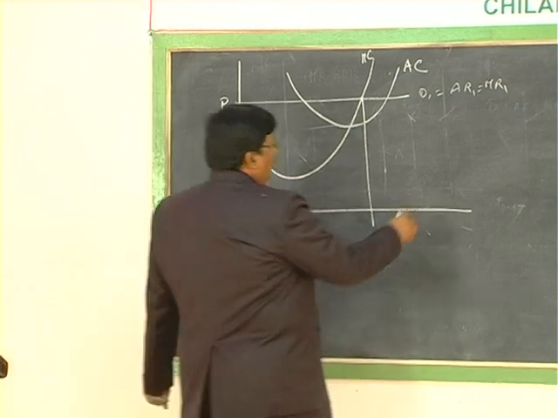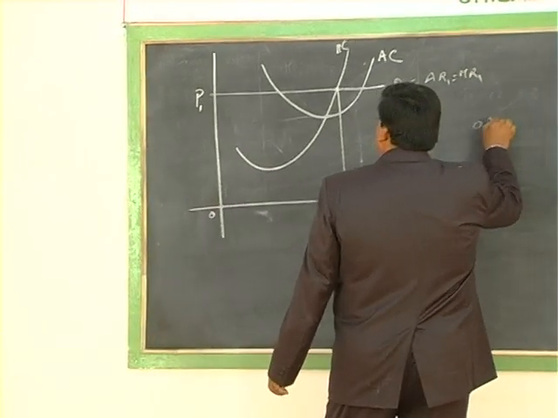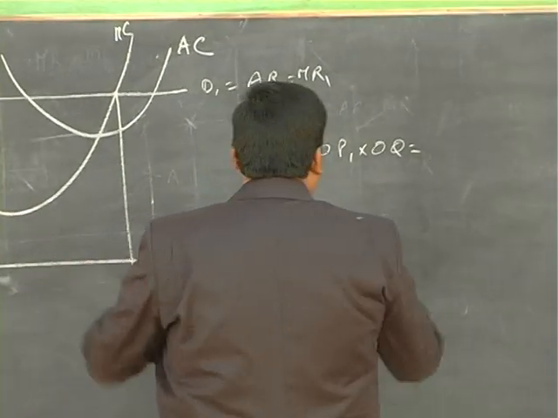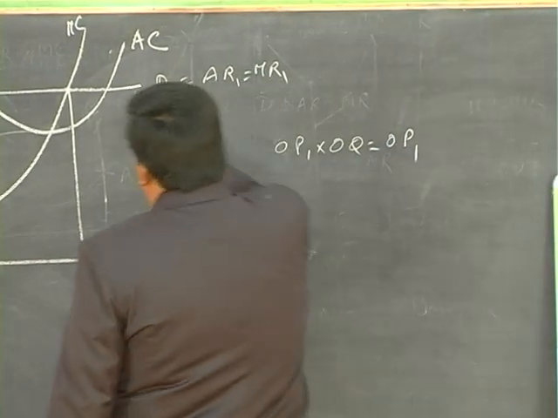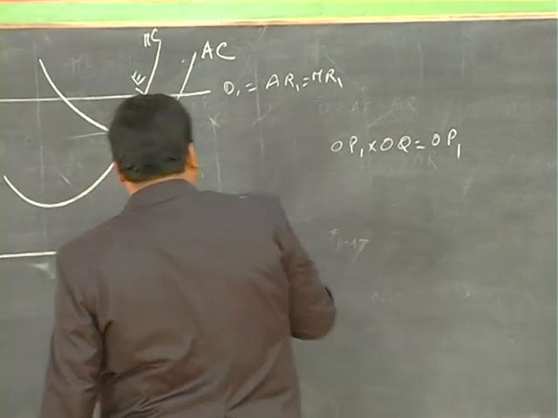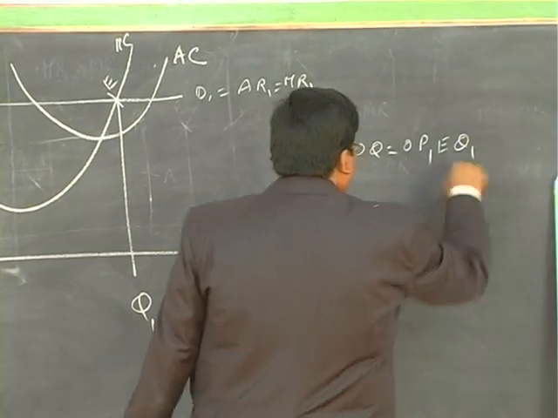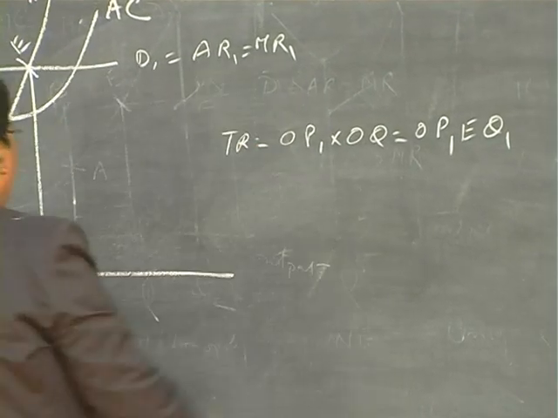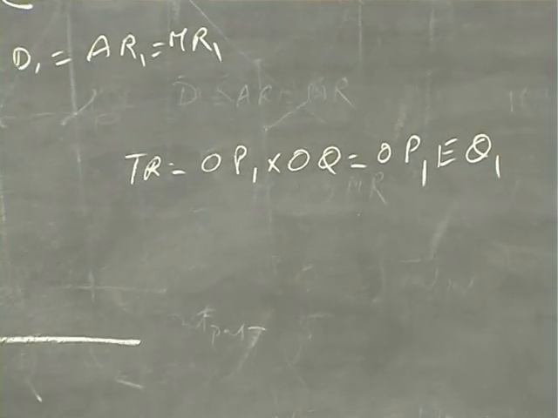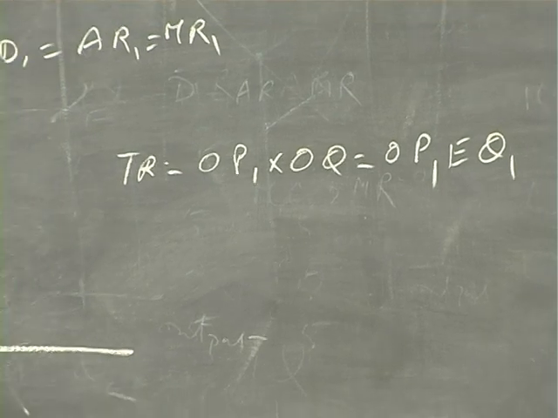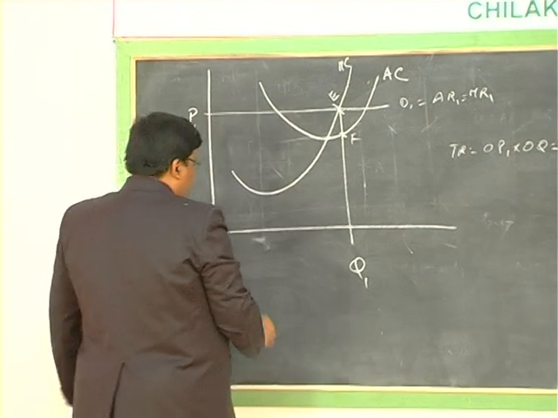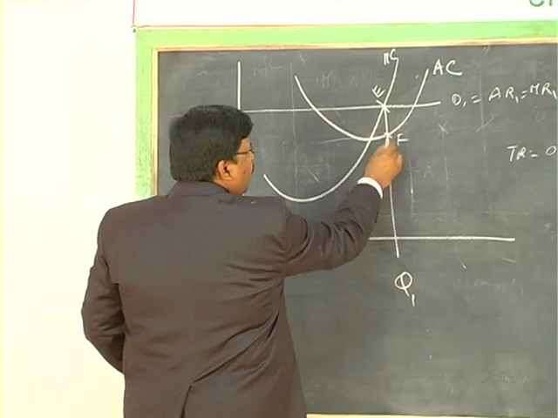What is total revenue? Price into quantity. OP1 into OQ1 is equal to OP1 E Q1. Okay, that is total revenue. What is total cost? What is cost per unit for OQ1? This is cost per unit, Q1F, for example. OQ1 quantity, Q1F is cost per unit.